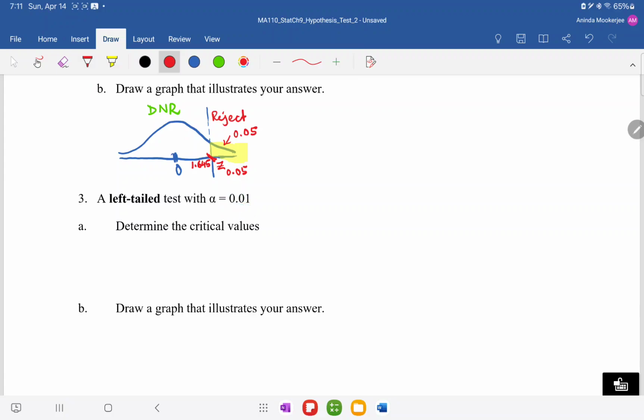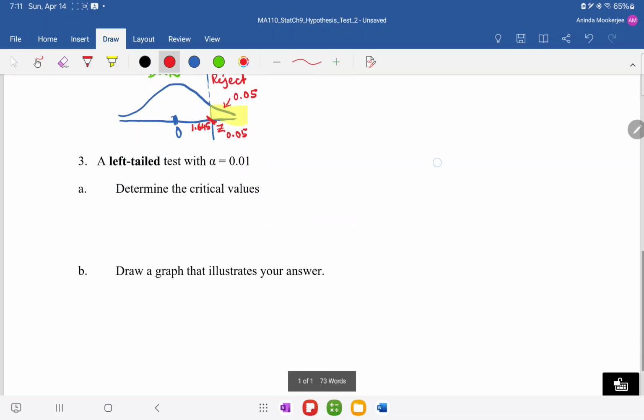Now the last question in this worksheet is for a left tail test with alpha equals 0.01. So this is a different alpha value, but it's a left tail test, which is also one tail test. So only one reject region, but on the left hand side of the curve. So let's draw the curve first. Okay, so the curve is here. But the reject region now is going to be on the left hand side.